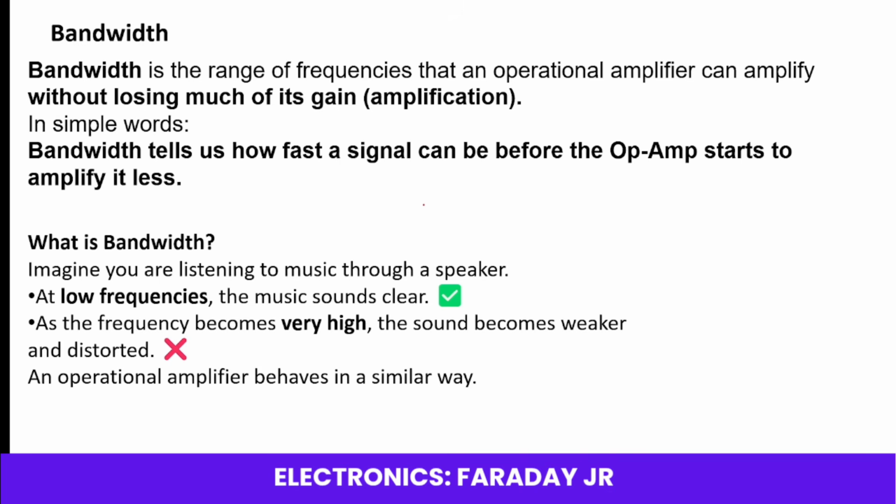Now let's look at one of the important characteristics: bandwidth. Bandwidth is the range of frequencies that an operational amplifier can amplify without losing much of its gain or amplification. In simple words, bandwidth tells us how fast a signal can be before the op-amp starts to amplify it less.